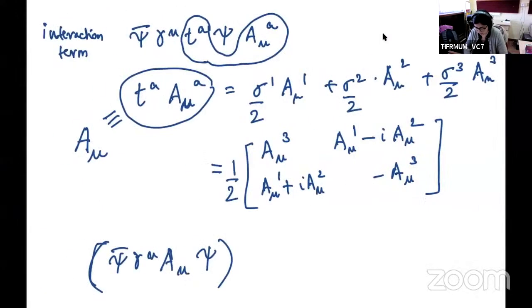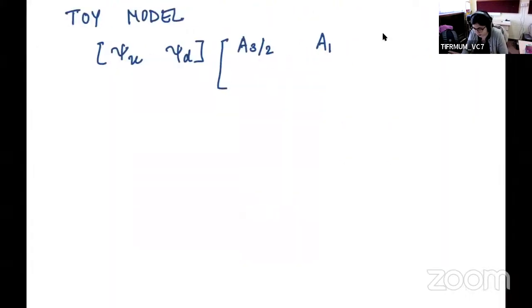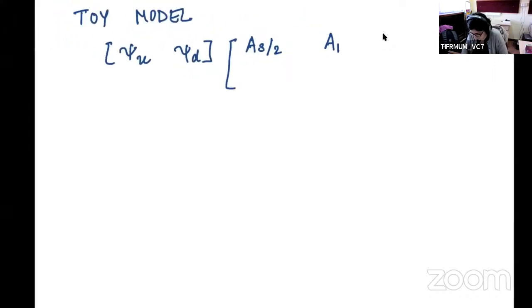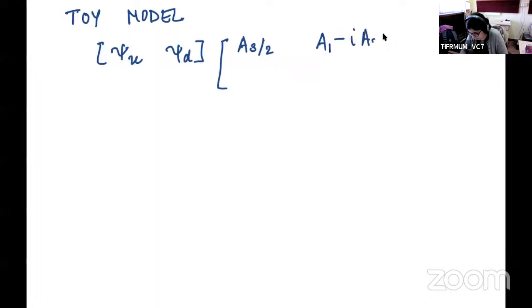So I'm just doing the internal degree of freedom multiplication right now. I'm not doing the Lorentz part, so that's the mu's. Okay. So A1 minus i A2, A1 plus i A2, minus A3.